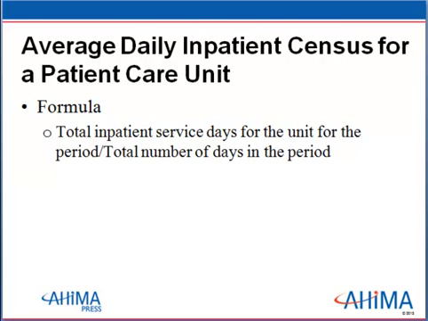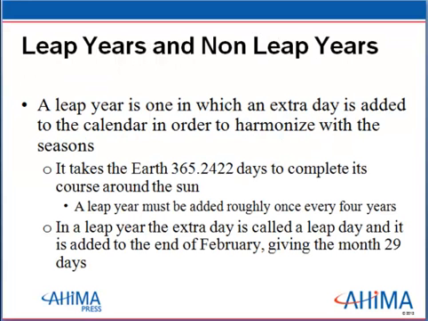It is helpful to know what the average use of a specific unit in the hospital is over, say, a year. So that formula is listed here: the total service days divided by the total number of days. And that's the same as the other average daily census that we've been talking about the last few slides.